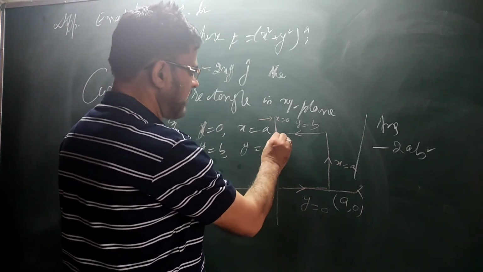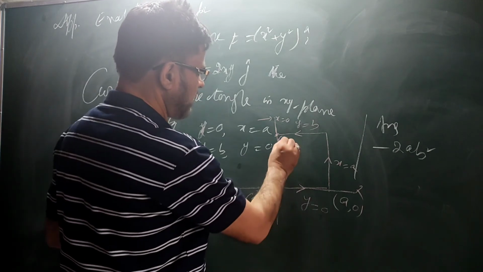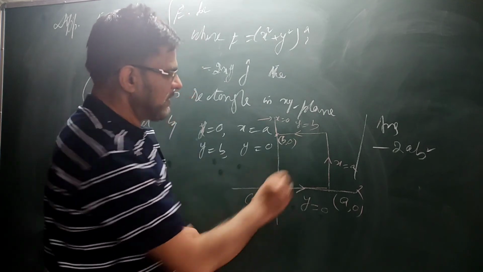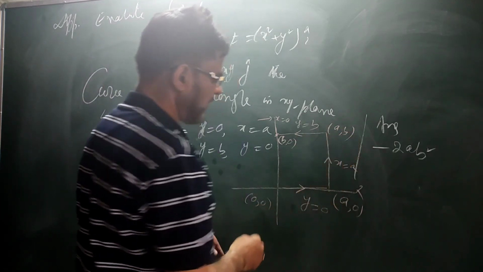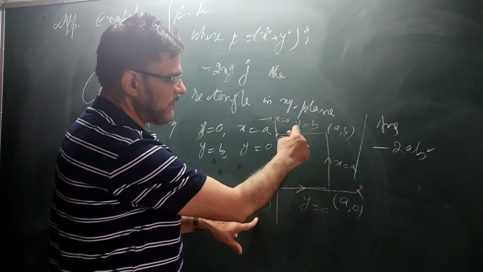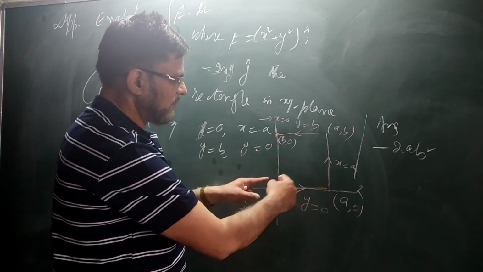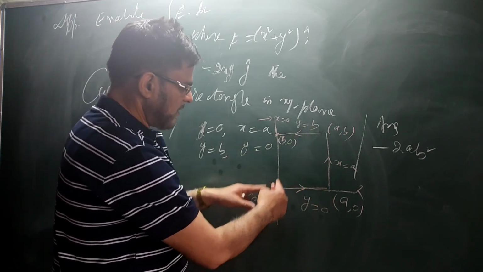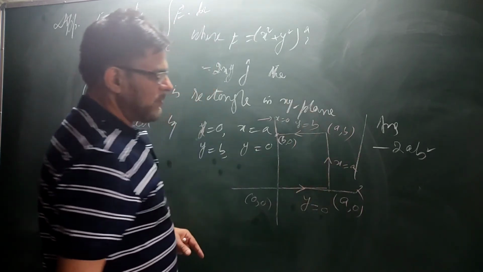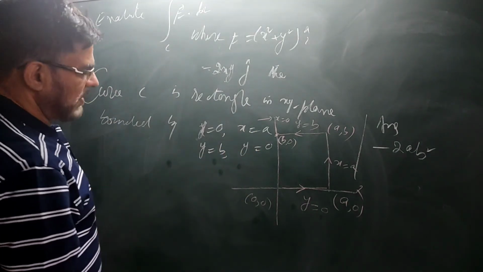So this point will be here, this is b, 0. This is a, b. When y is 0, this is a straight line, x = a, and y = b is a straight line parallel to the x-axis at a distance of b from this. So these points are 0, 0, a, 0, and a, b. You can find out this along the curve.